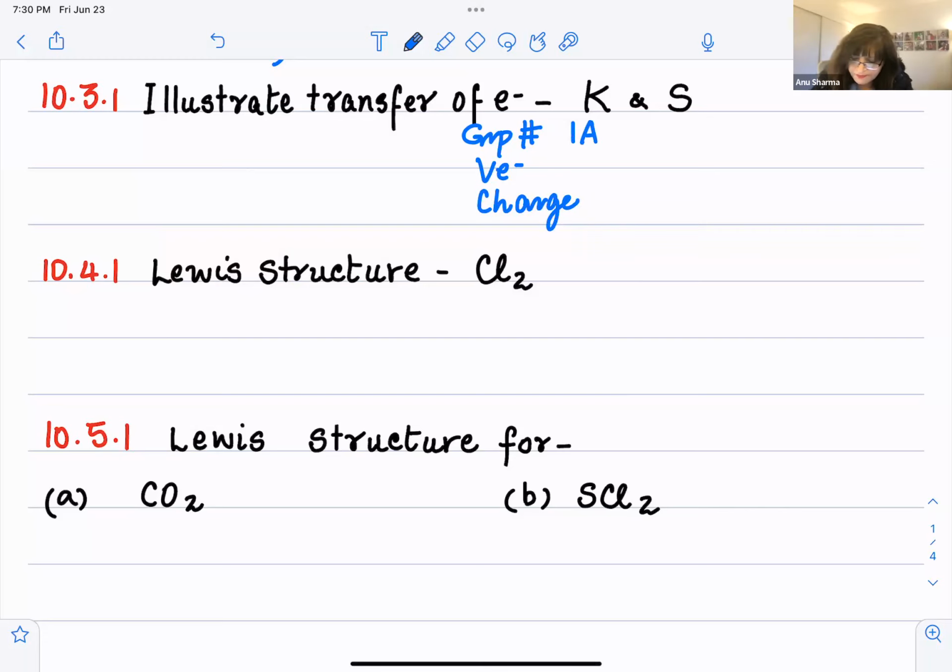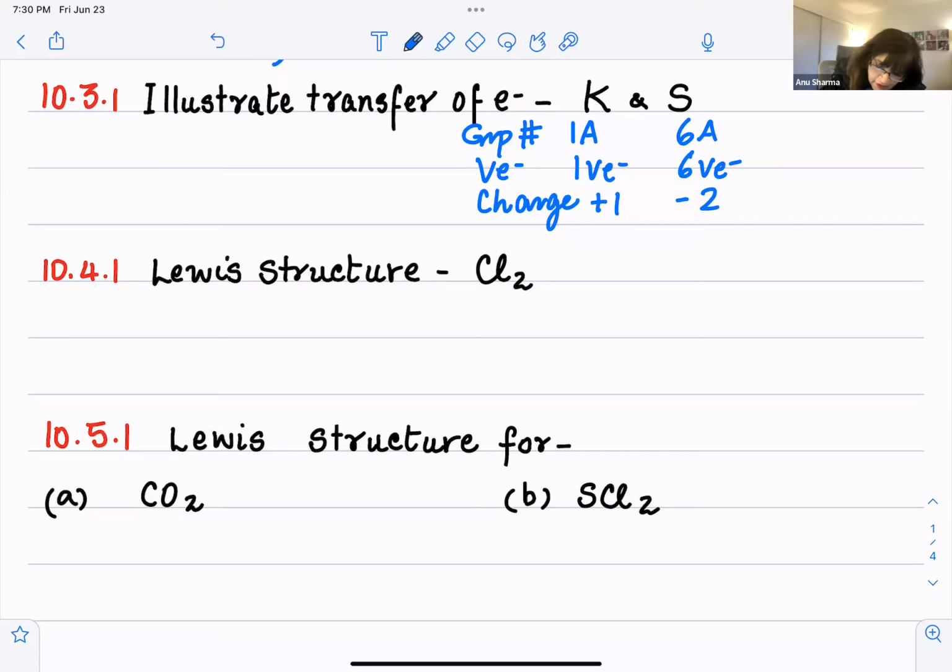Potassium has 1 valence electron, and when it gives away that 1 valence electron, it forms a +1 charge. Sulfur, on the other hand, is in group 6A. It has 6 valence electrons, and so the charge is going to be -2. That means 2 electrons have to be given, and potassium cannot give 2 electrons by itself. So we will have to have 2 potassiums.